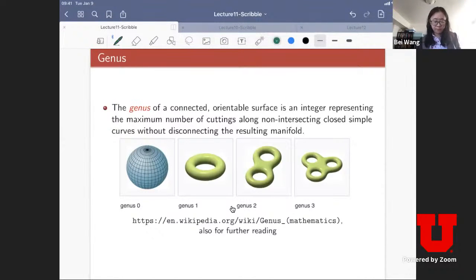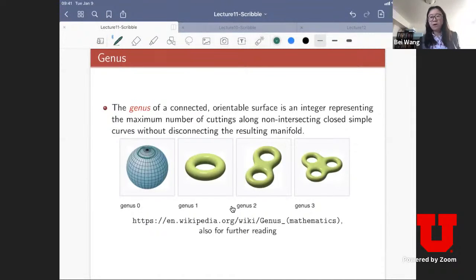The sphere has zero genus because if I cut it along a non-intersecting closed simple curve, I would disconnect the manifold. Another way to draw it is, if I draw a curve like this, I'm chopping off a slice of my sphere.